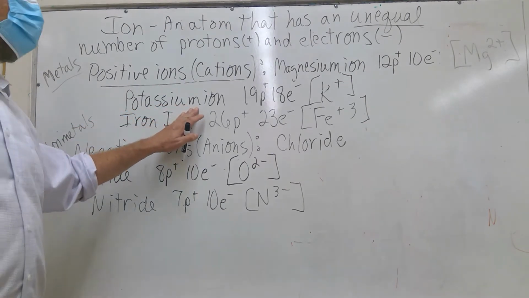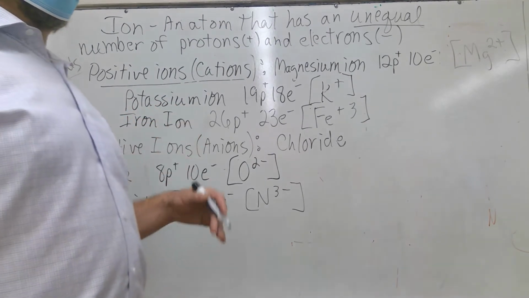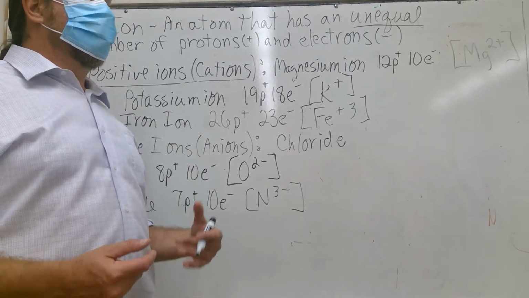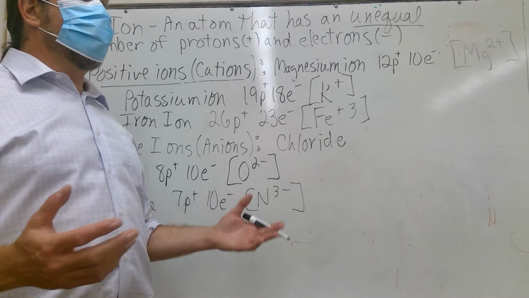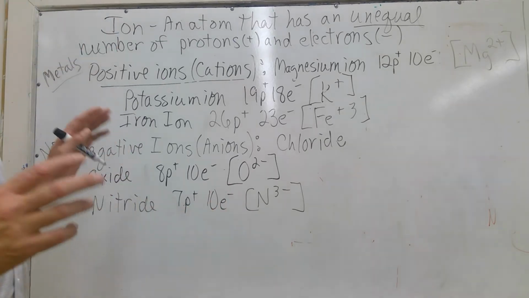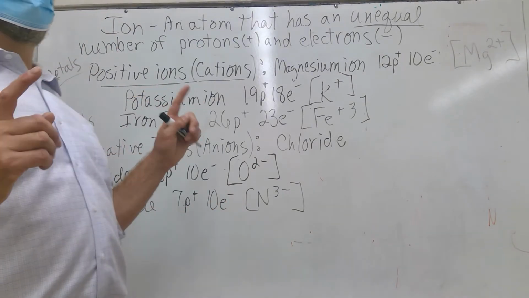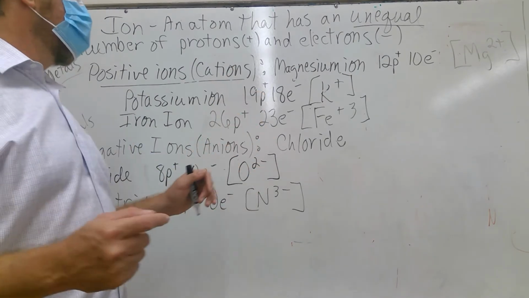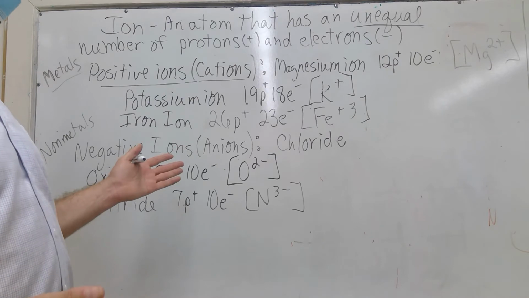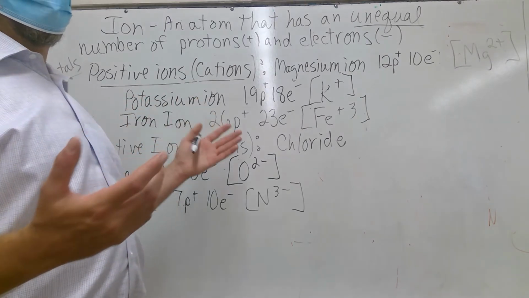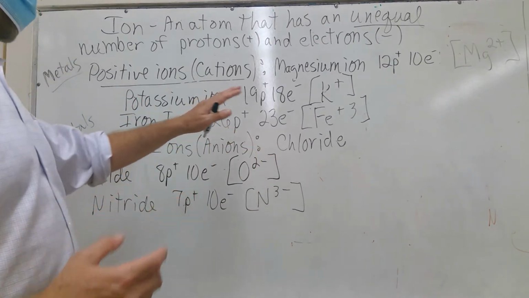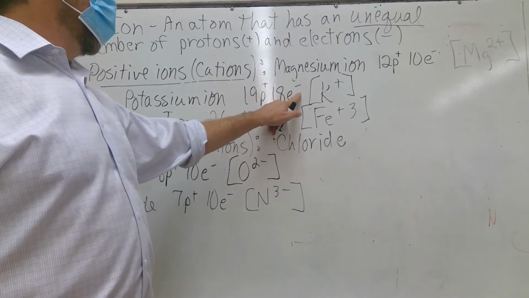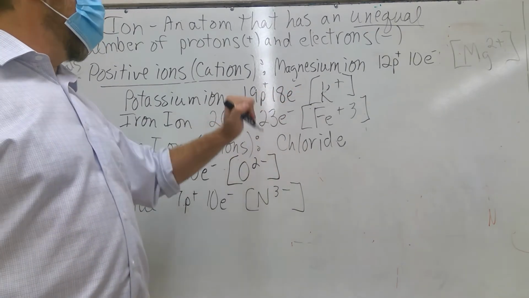Potassium, another metal. In nature, we normally find it combined in things like potassium chloride, potassium sulfide, and many other common chemicals. In an elemental form, because it's element 19, we would think of it as having 19 protons and 19 electrons. However, potassium, in the form that it takes most of the time in nature, is going to lose one of its electrons and thus have 19 protons to 18 electrons.